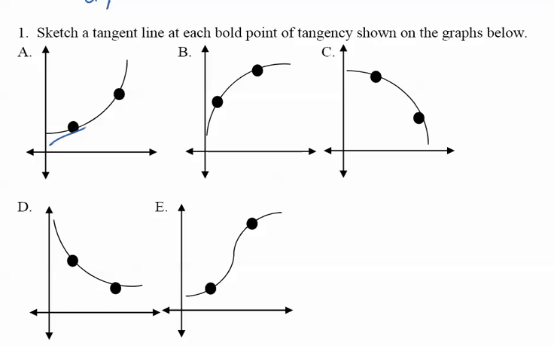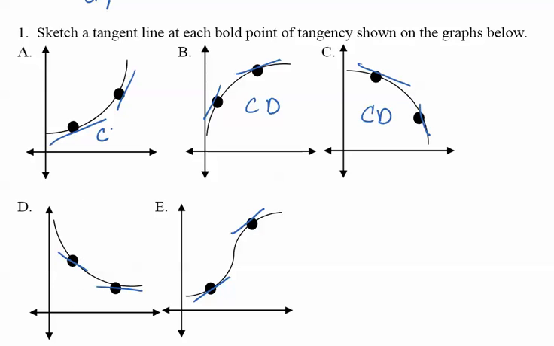Sketch tangent lines at each point. So this we've talked about already. Sketch tangent lines and can you discover when the tangent line will be above the graph? When it's concave up, the tangent lines appear to be above the graph. Oops, sorry, I said concave up, and that's exactly concave down.